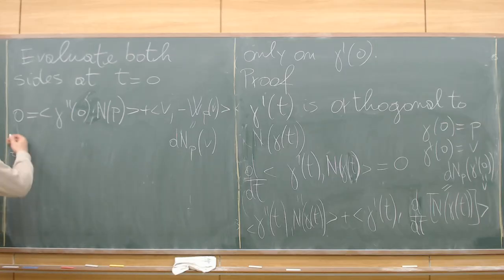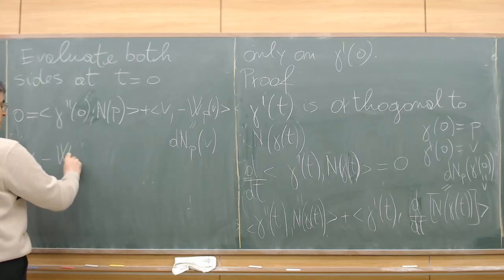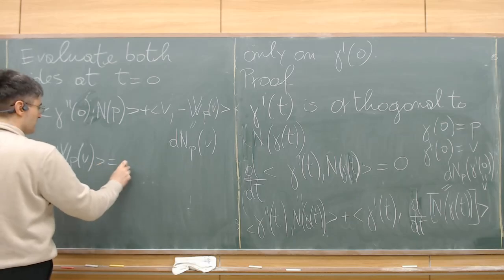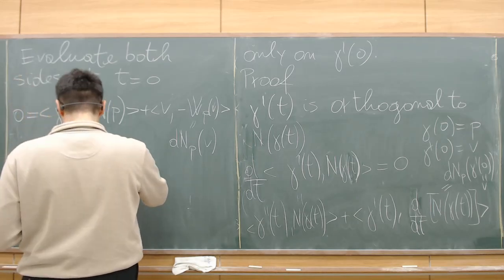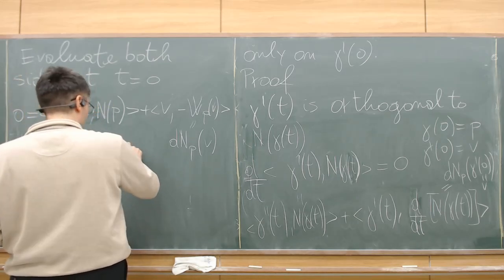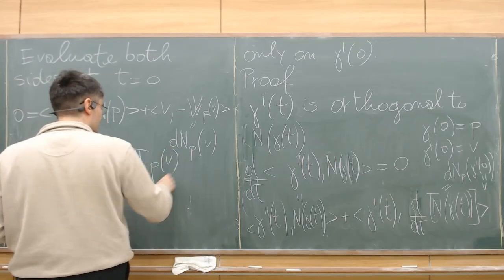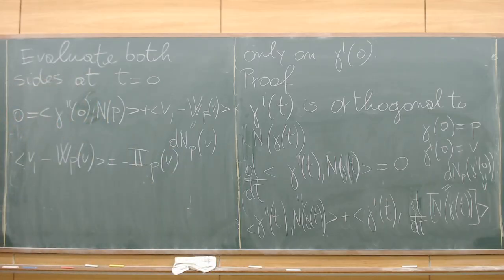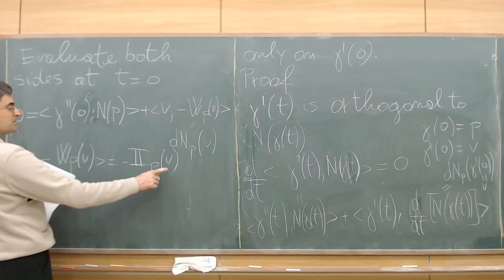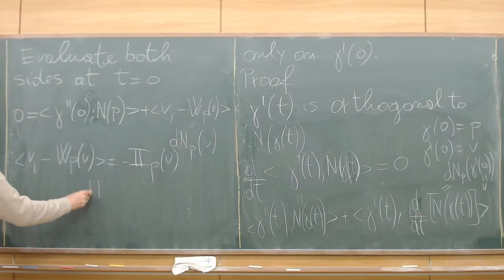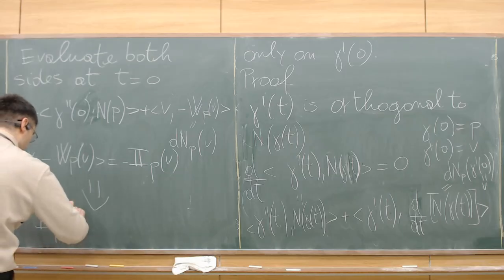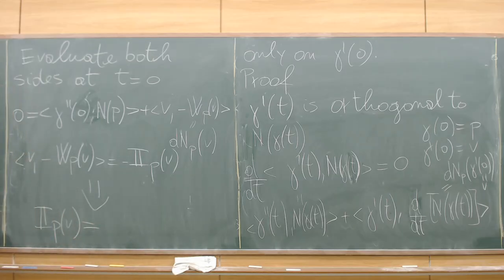Now we observe that v multiplied by minus wpv is exactly minus the second fundamental form of S at P evaluated at V, and we get that the second fundamental form of S at P evaluated at V is exactly this.